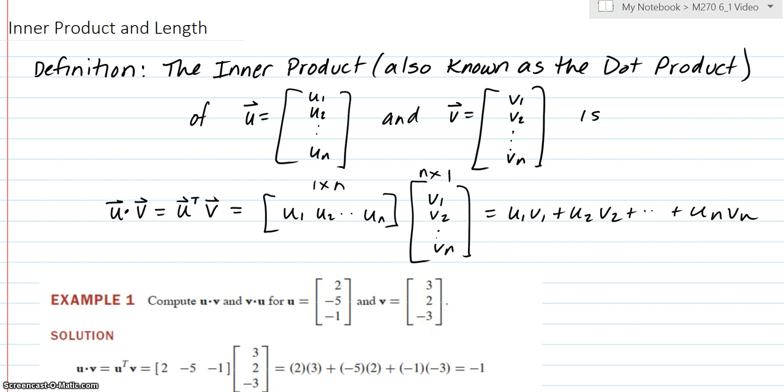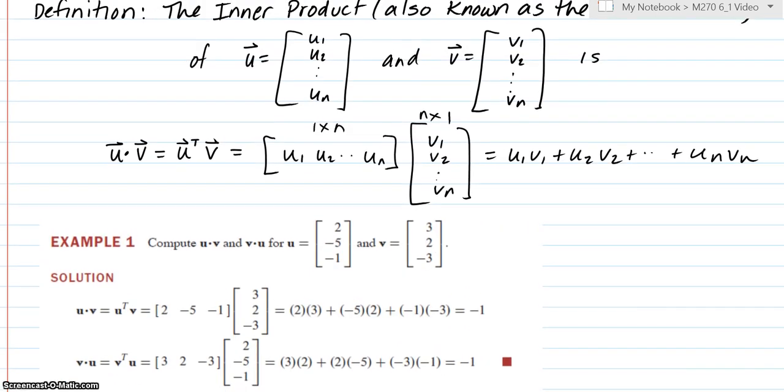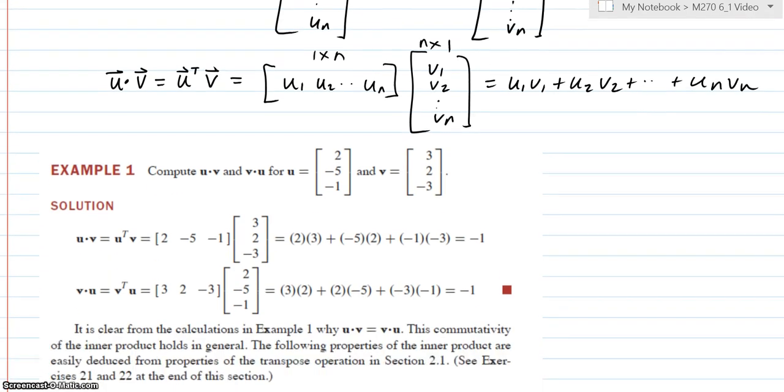By the way, v dot u is the same thing. If you take the transpose of v times u, and you transpose this one, you can see these entries are just switched, since multiplication in the reals is commutative. It turns out that the dot product is commutative as well.